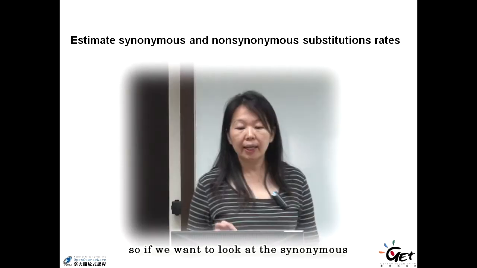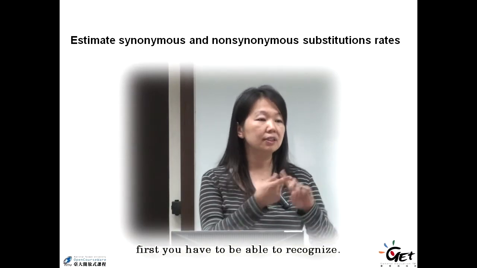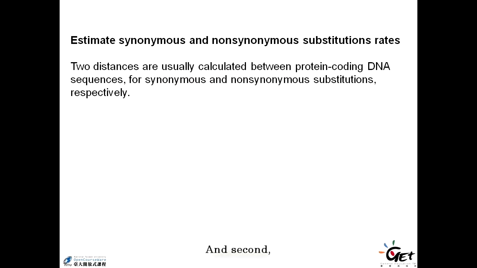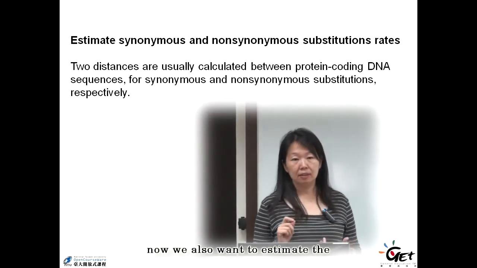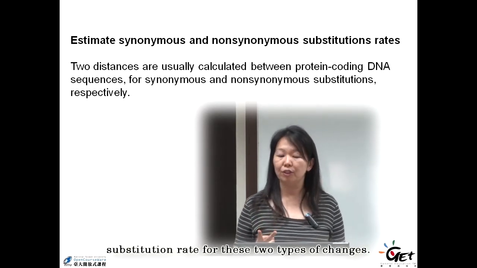So if we want to look at the synonymous and non-synonymous substitution rate, first you have to be able to recognize them. And second, as we look at nucleotide substitutions, we also want to estimate the substitution rate for these two types of changes.